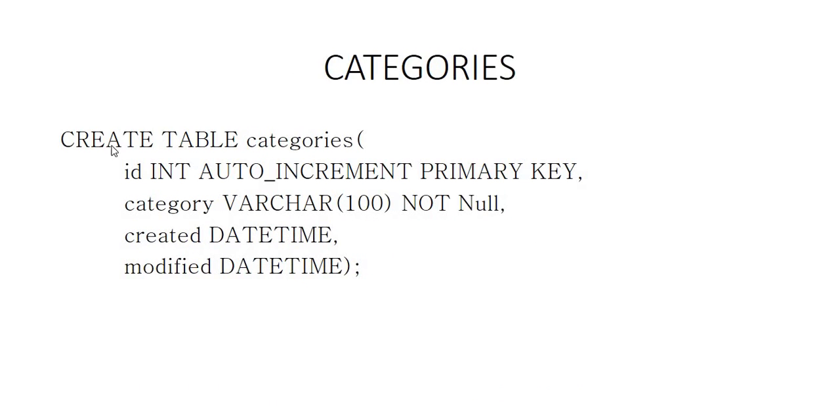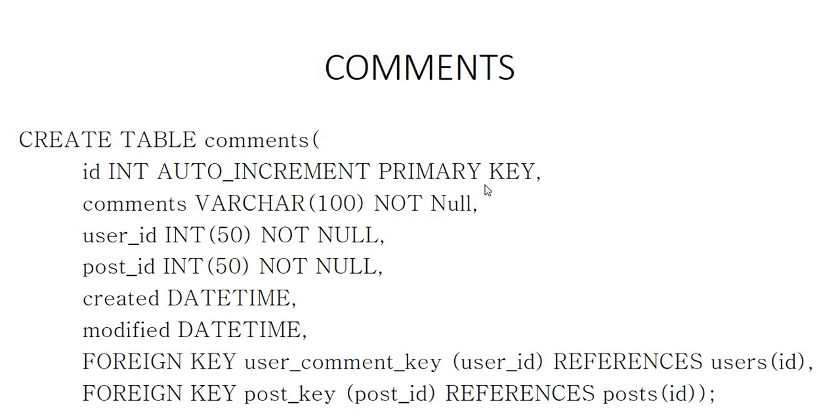Next we need to create the categories. Okay, create table categories, integer of id, category, created and modified. Then comments. In comments we have taken two foreign keys: one is user id and the other is post id. This user id is referencing the id inside the users table, and post id is referencing the id of the post table.